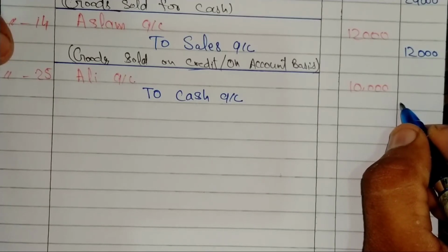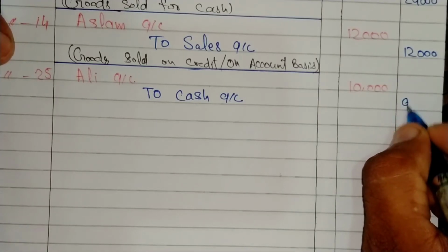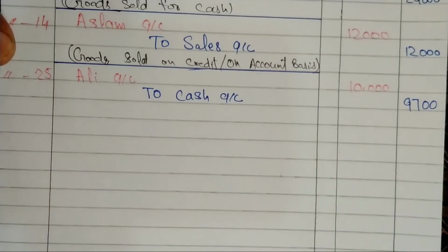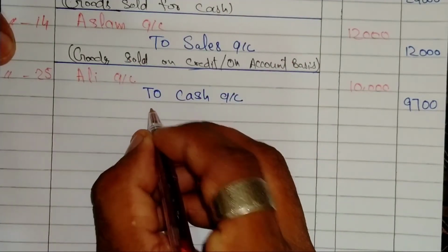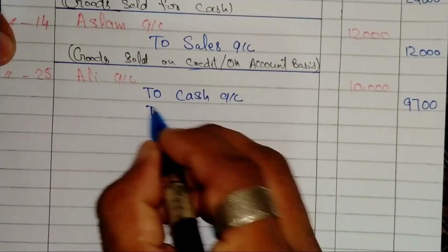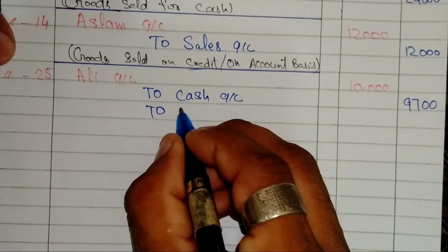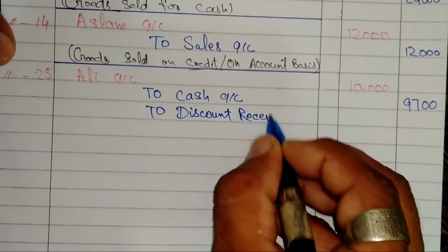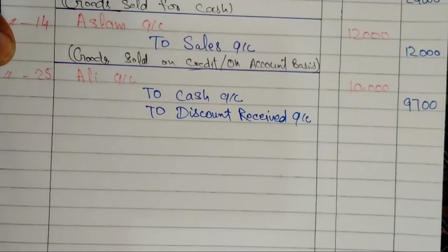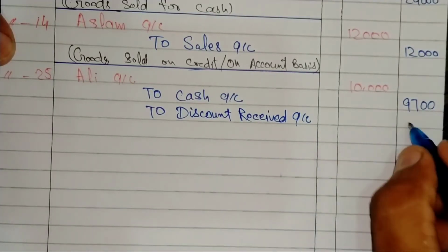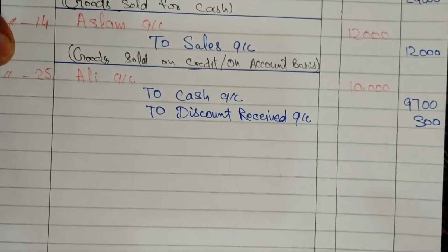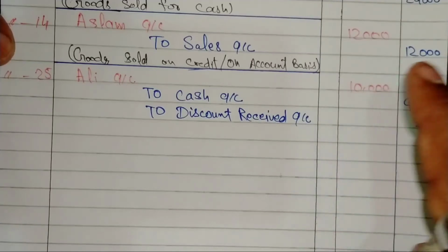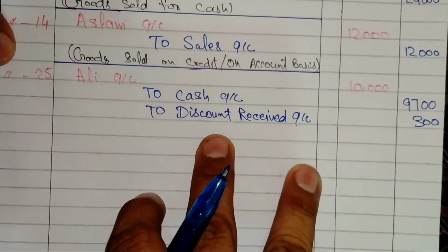So 10,000 less discount 300, 9,700, and to discount received account will also credit, to discount received account with amount 300, because both sides debit and credit will be equal. This is the basic rule of debit and credit.